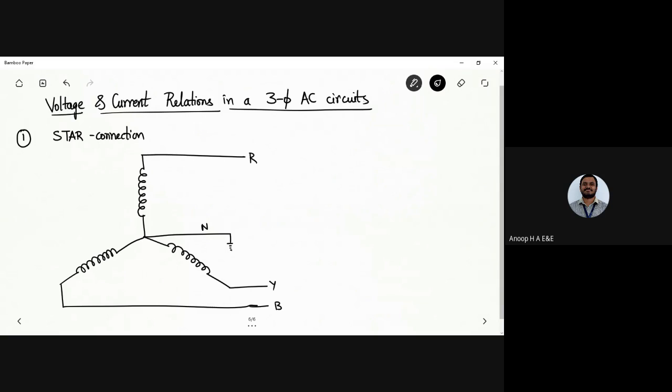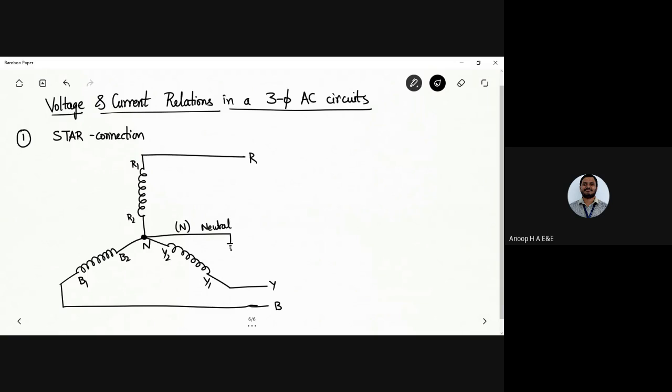Here we have R1, R2, next Y1, Y2, next B2 and B1. The finishing ends of all the conductors are connected to one single point, and that point is called the neutral point. This is N.